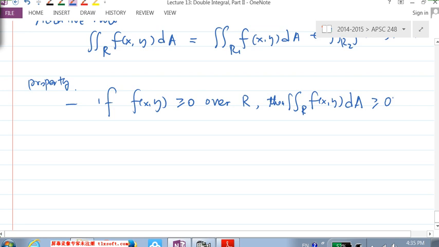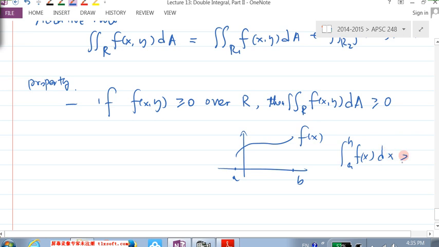So it actually makes a very simple case. For single variable, if the function f is greater than 0 between a and b, what will be the integral here? It must be greater than 0, because this is basically the area, right?